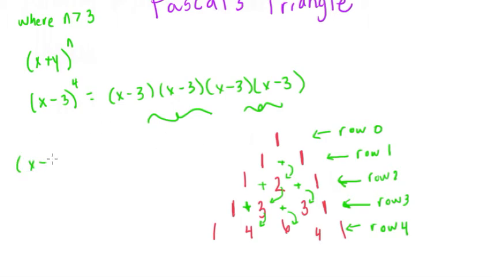If we have x minus 3 to the 4th, these rows come in handy because depending on what n is equal to, like in this case n is 4, we take that row and these are going to be the coefficients of my expanded answer. So these will be the coefficients of my expanded binomial.